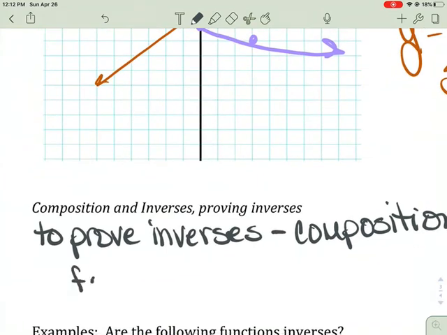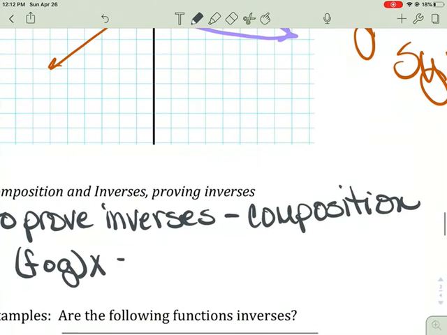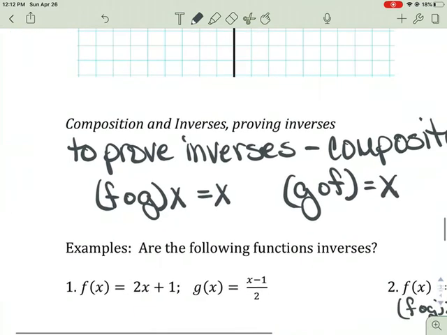Which means that you need to do f composed with g of x, and my answer has to be x. And then you also have to go the other way. So when you're proving, you have to compose both ways and make sure your answer is x. If the answer is not x, then they're not inverses of each other. That's the only way to prove it.